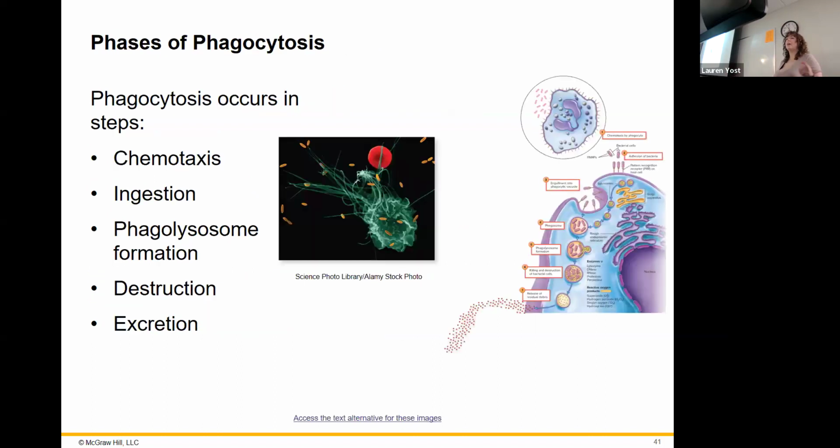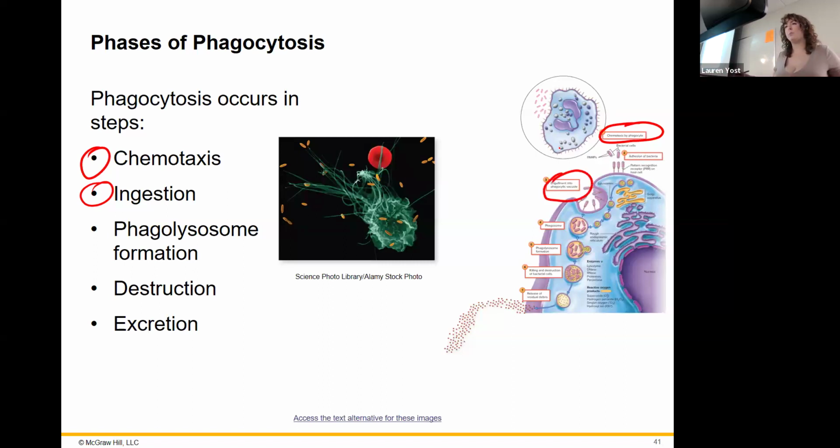So what happens in phagocytosis? There's steps involved, and of course, I'm going to want you to know them, and I'm going to test you over them. So we have chemotaxis, responding to a chemical in the area. With chemotaxis, we get some sort of protein in the bloodstream, and that draws us to the area, let's say. Ingestion, here it has adhesion of bacteria, but whatever.